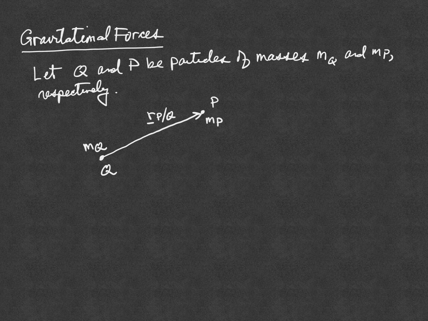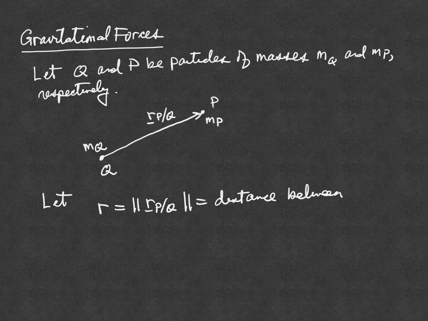Now, the gravitational force is defined as follows. So what we're going to do is we're going to say let, I'm going to call it R, equal the magnitude of the position of P relative to Q, and that's the distance between Q and P.